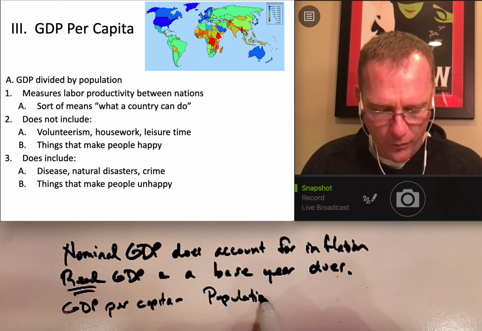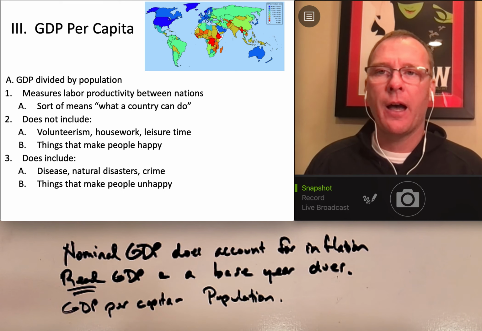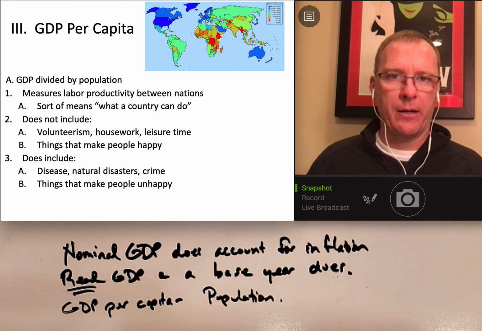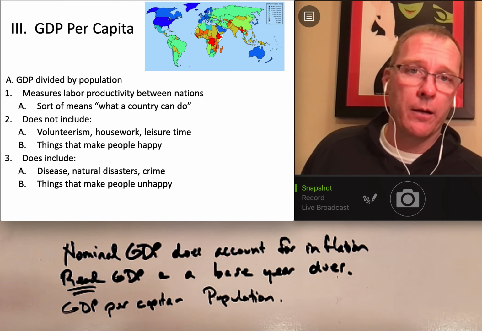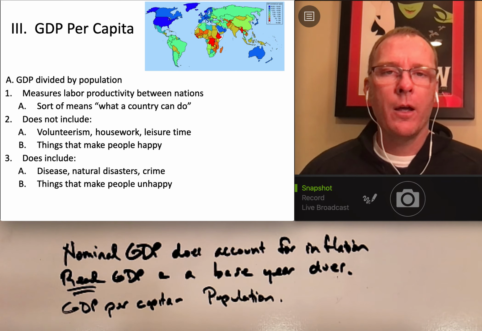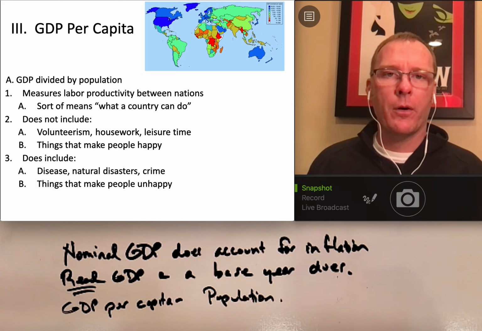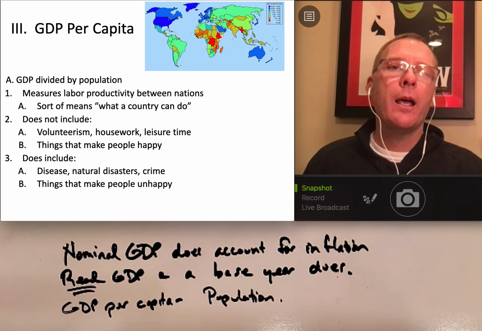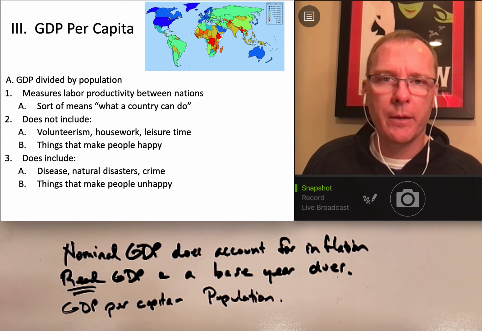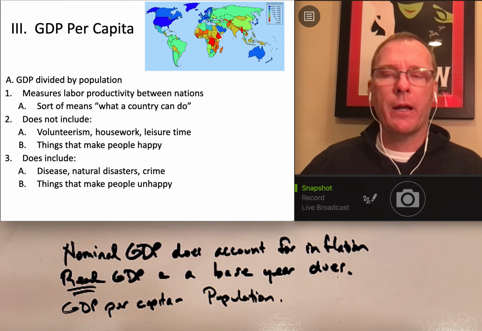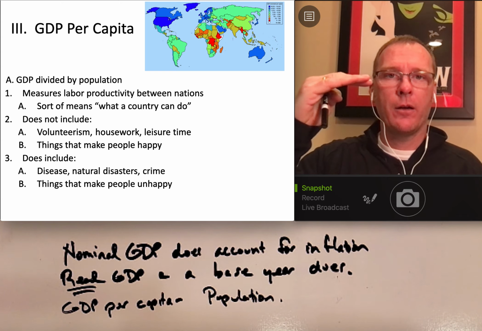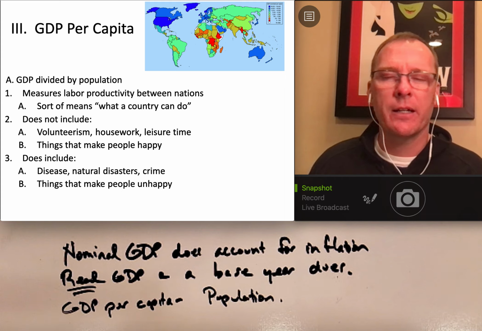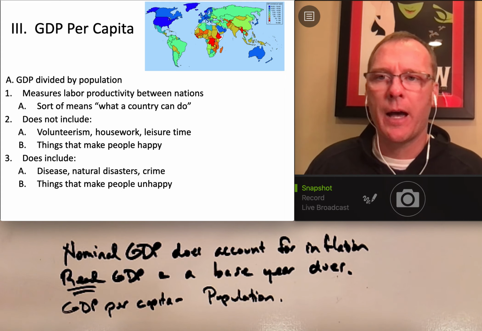We account for how much this country made divided by how many people are in that country. So an economy like China might be a huge number, but when we look at GDP per capita, they have a huge population. So I take that big number divided by a big population, and it might not be as great as maybe another country that had a pretty high number but fewer people, right?